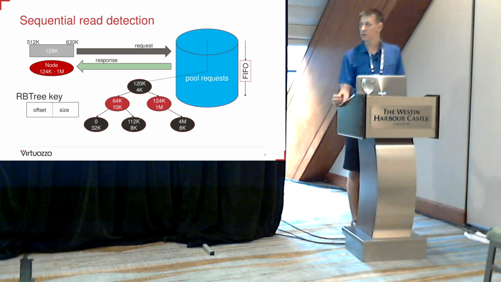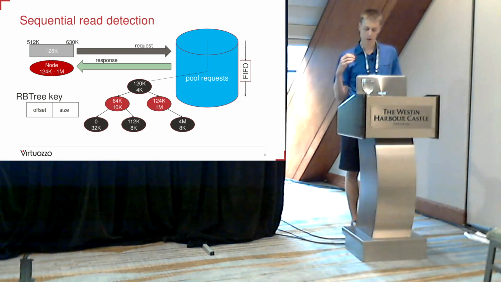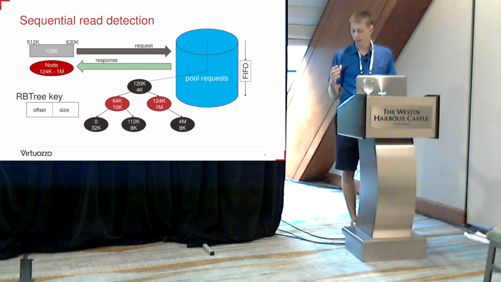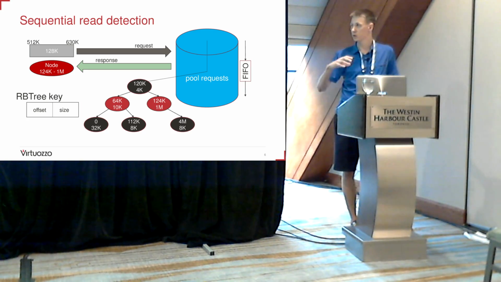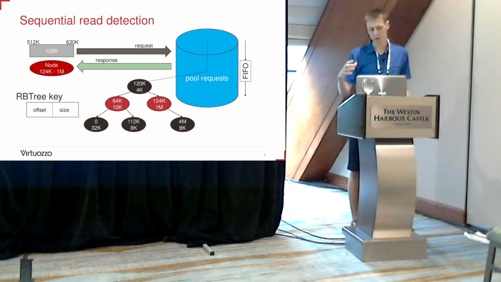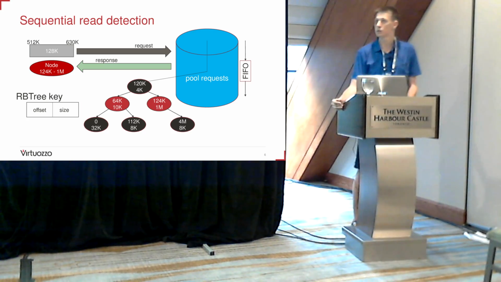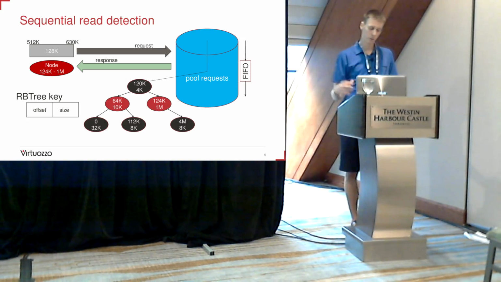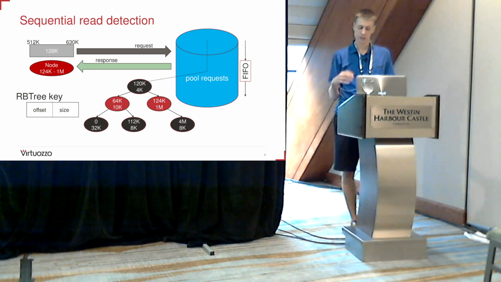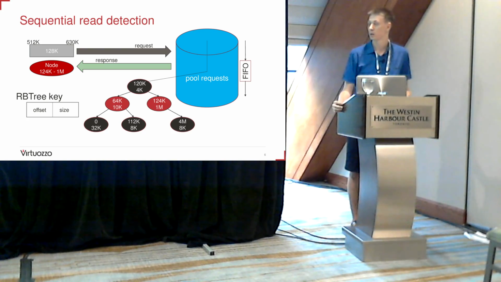For the cache, our goal is detecting sequential reads, and for this we query the pool statistics to find sequential I/O requests by length, for example 128 kilobytes before the current request, and if it returns a positive result, we can assume the current request is sequential, and then we can do readahead.